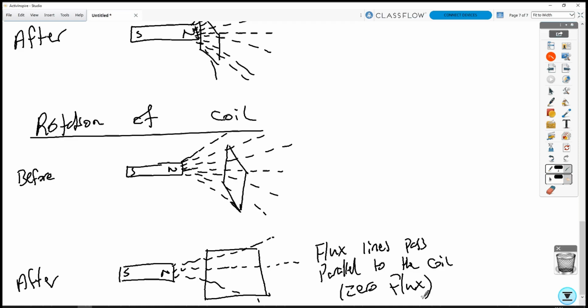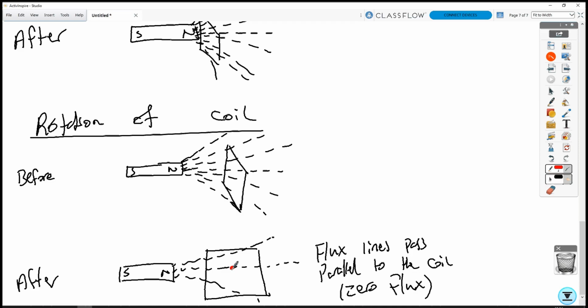Because if you were to draw an indicator on that coil at the bottom, you could draw it as either into the paper or out of the paper. So if I were to draw it out of the paper, say directly in the center, that arrow coming out of the paper and the flux in the center, well, they're at 90 degrees, aren't they? So if they're at 90 degrees, then there's no flux.